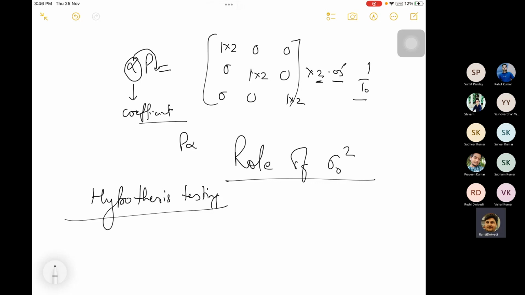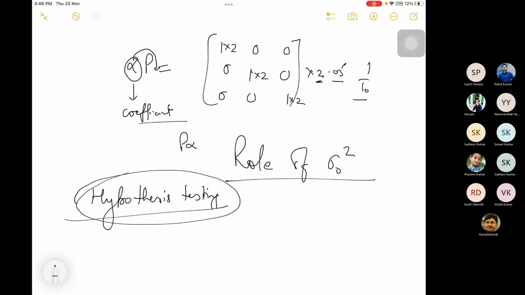I mean, after the whole rigorous adjustment procedure, who will tell you that your results are now good to go? That is provided with the help of statistical testing, and this whole process is named hypothesis testing. Please understand this part very much, that we do not end the adjustment process just by finding the value of x.